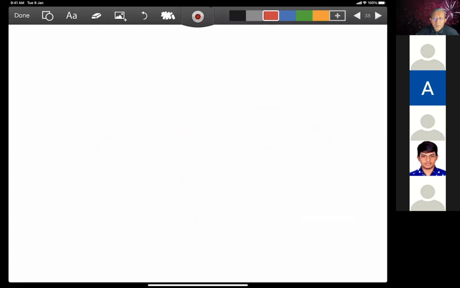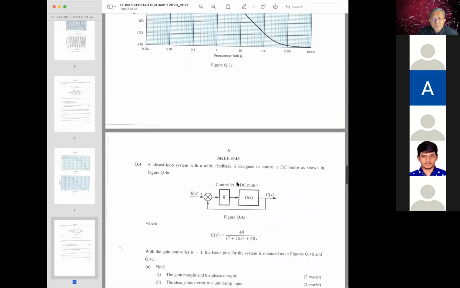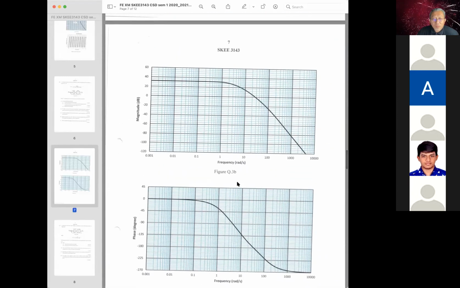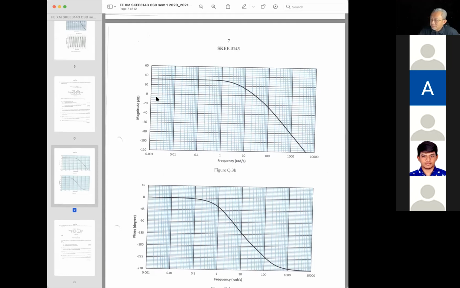Is this system type 0, type 1, or type 2? By looking at the open loop transfer function GS, the system is type 0.